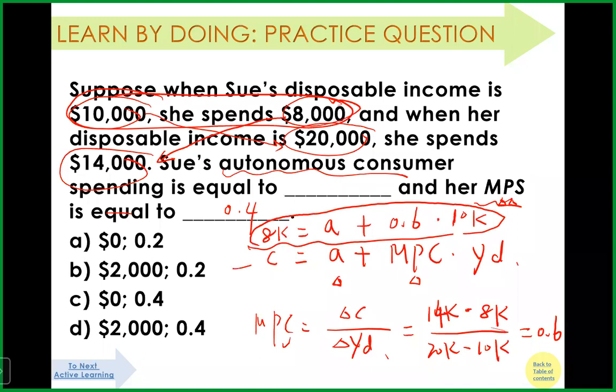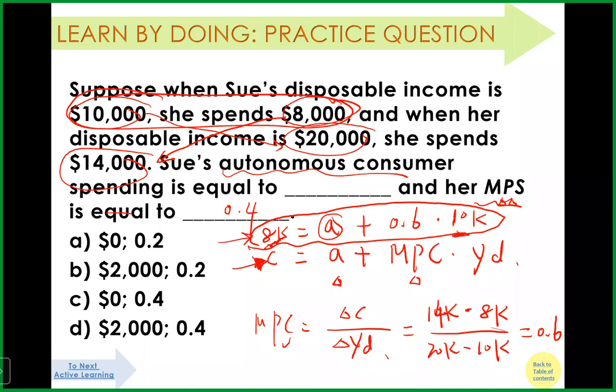It's because this equation characterizes the consumer's behavior, right? And this must hold true for any level of income she has. In particular, if she has 10K of income, she's going to spend 8K. And similarly, if she has 20K income, she's going to spend 14K. You can use either number to back out A.